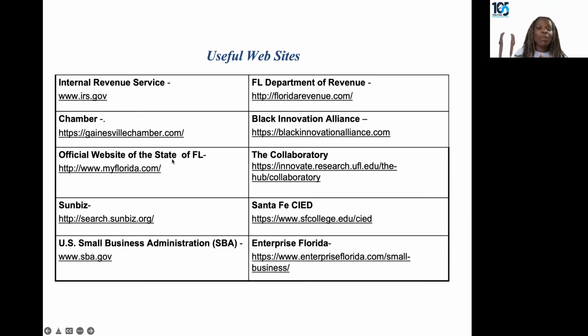So think about what those places are: Enterprise Florida, Black Innovation Alliance. There's just a list of resources out there. This is a very short list of examples of entrepreneurship supportive entities that already exist.